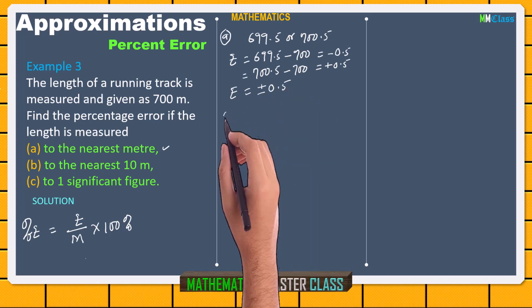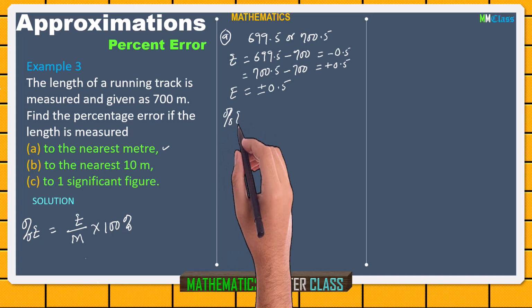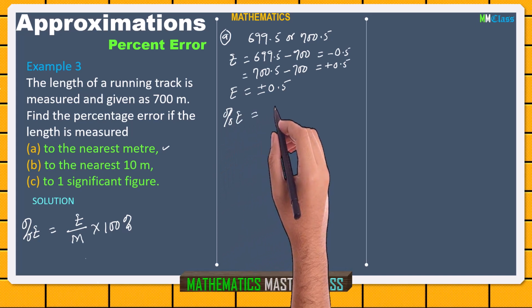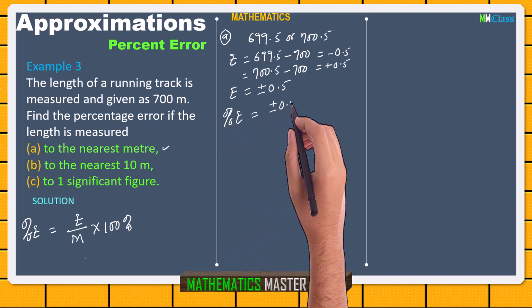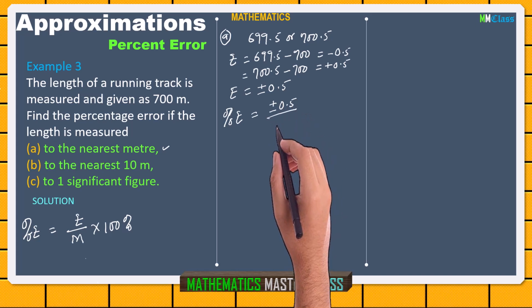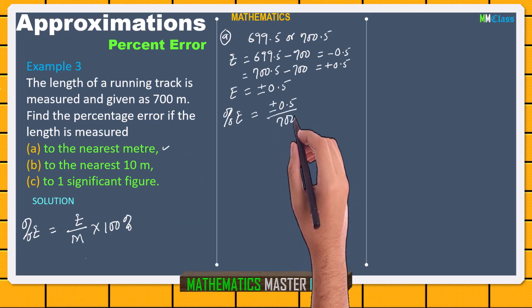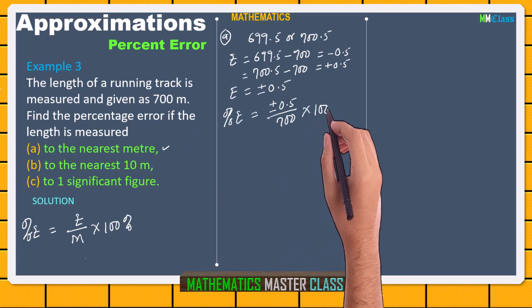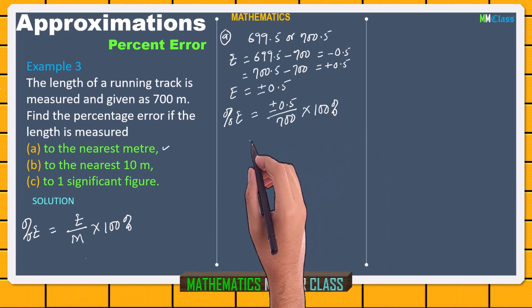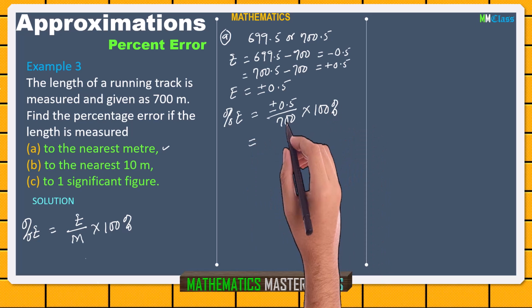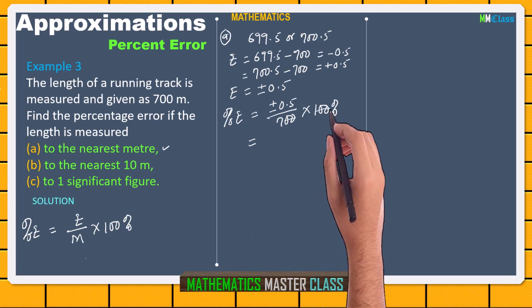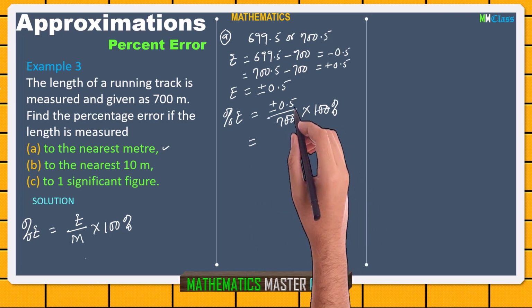So if we are calculating our percentage error, we now have our error, which is plus or minus 0.5, all over our measurement, which is 700, times 100%. If we continue with our calculation, we deal with these two zero digits, so percentage times this.